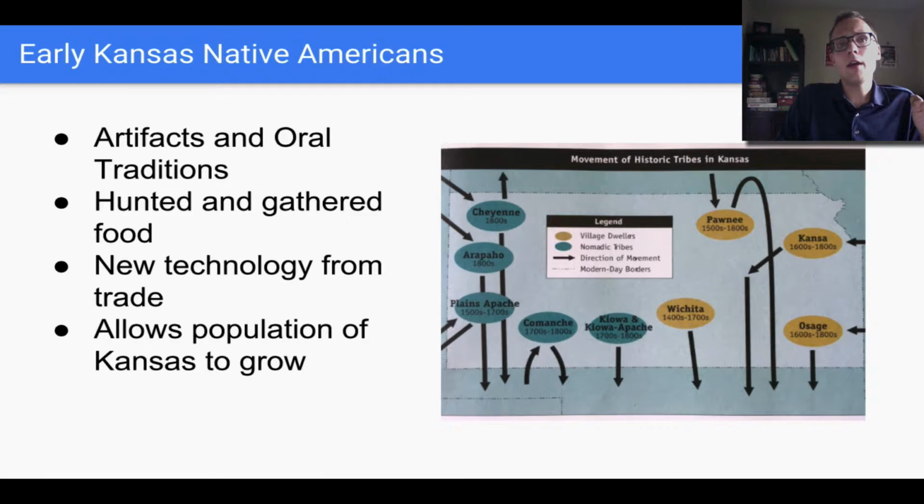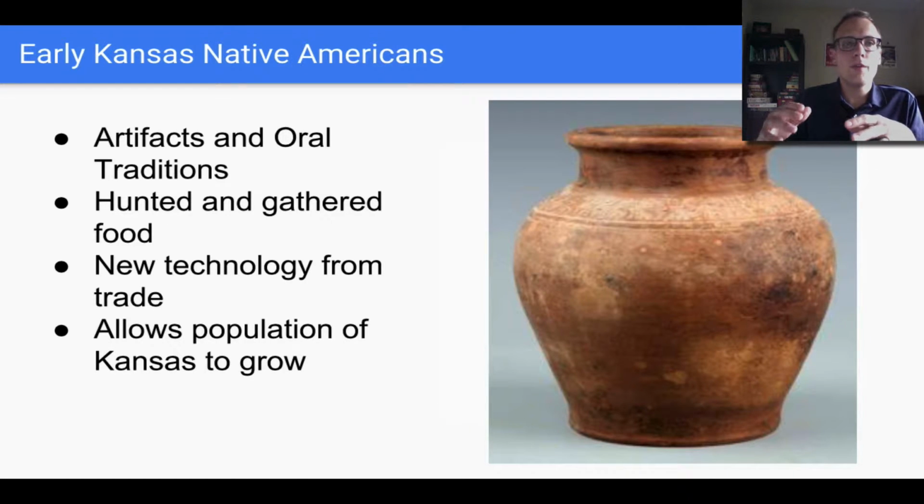We know that through the radioactive dating of the things that are found at some of the sites, that they interact with other cultures, and we know this because we find pottery and decorative jewelry that came from the East Coast. There's only one way that could have gotten here, and that's through trade. And they traded this new technology, and they developed over time even some of their abilities to hunt.